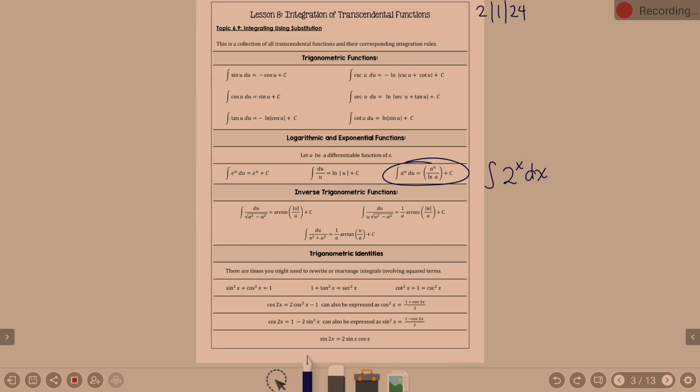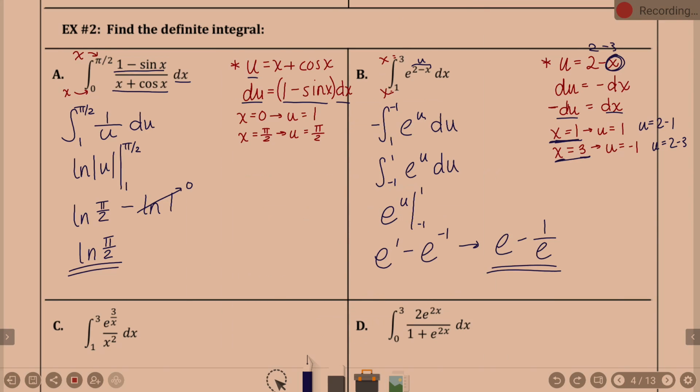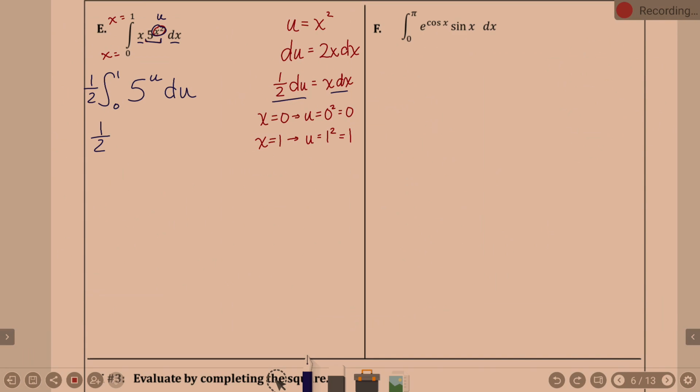Ours was 5 to the u, so we're going to have 5 to the u over ln 5, evaluated from 0 to 1. Second time within the same problem, I've made that same mistake.